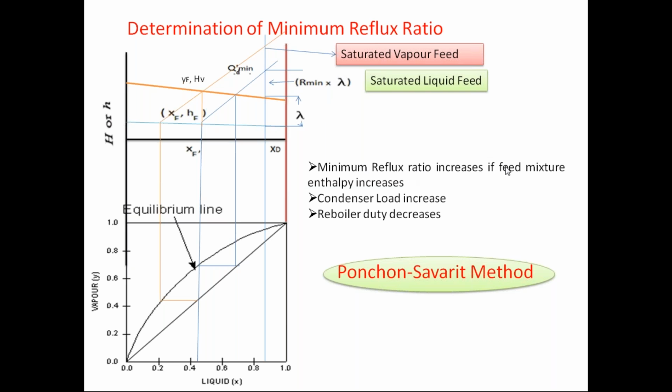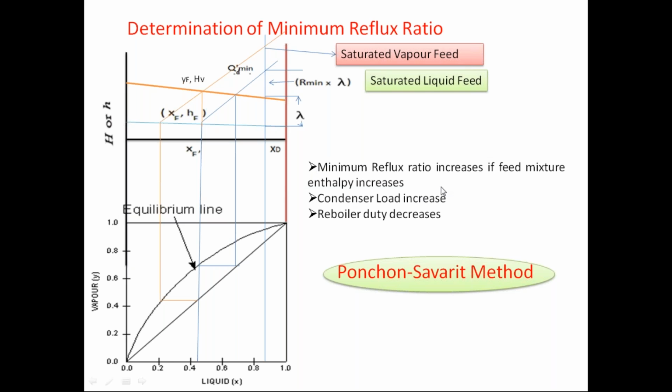Therefore, the conclusion is: minimum reflux ratio increases if feed mixture enthalpy increases, as the feed changes from saturated liquid to saturated vapor.